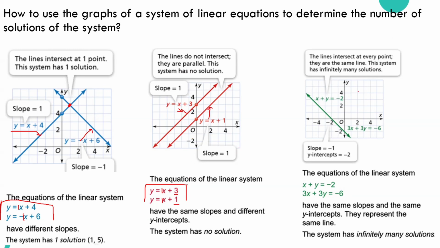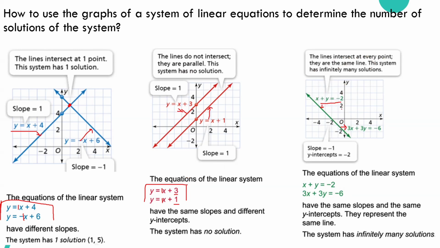Looking at our third graph here, if you notice the system here, this line here represents that equation, and this line here represents what? This equation. The lines intersect at every point, they are the same line. So these two equations form one line.